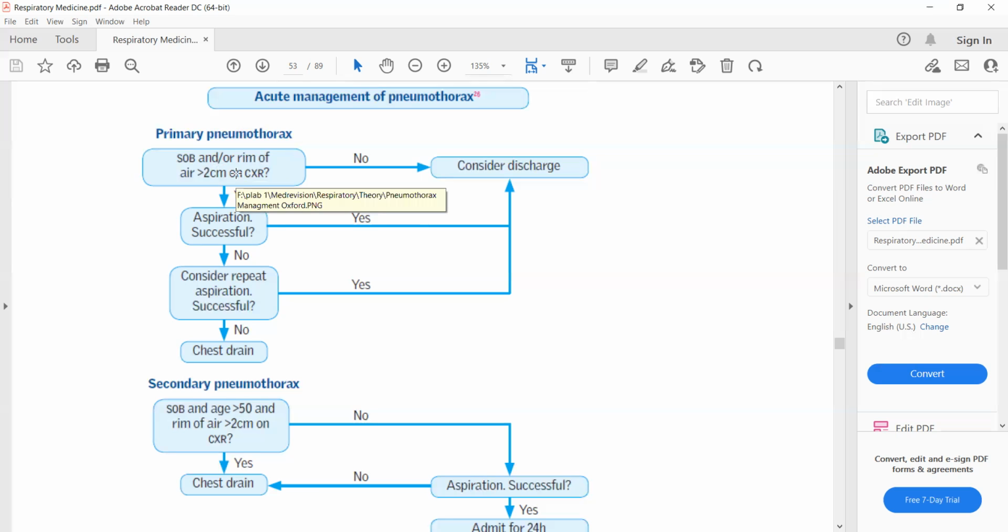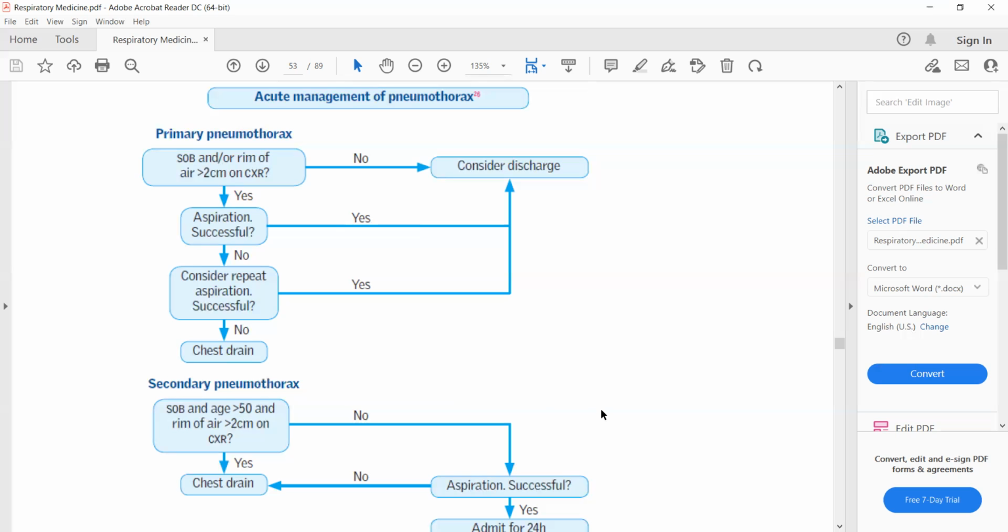If yes, then we'll proceed for needle aspiration. If no, we'll discharge the patient by giving supplementary oxygen only for some time. So needle aspiration, first attempt. If failed, then we will do the second attempt. And if still patient is short of breath and air is not removed, then we'll put a chest drain.